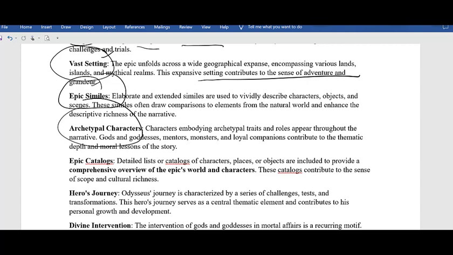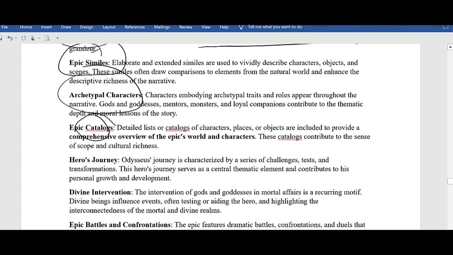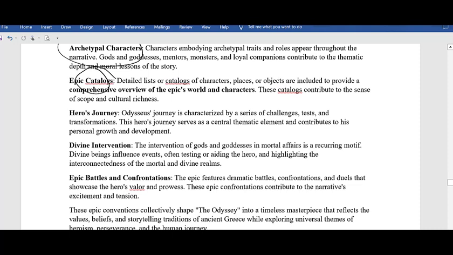Then you have epic catalogs. You will have great details about all characters, so many backstories, who is whose brother, what happened 20 years ago, what is the history of whichever character. You would know everything. So that is the epic catalog. You get a lot of detail in the epic.